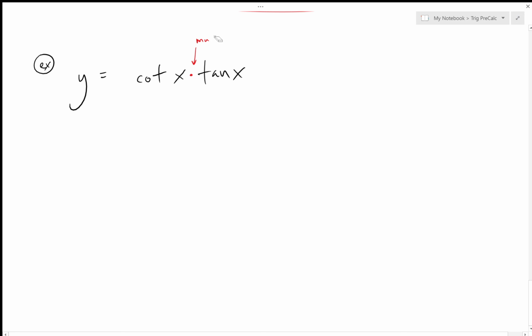You guys get the idea. Multiplication. So we've got to do, again, f prime times g plus f times g prime. This time both f and g are trig functions.